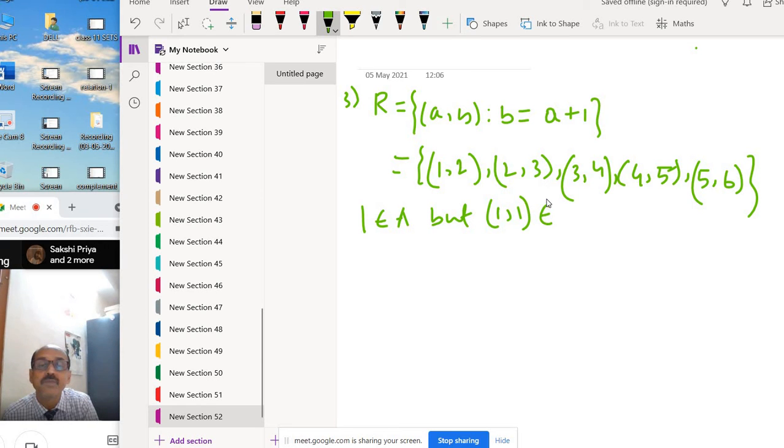So R is not reflexive. Therefore R is not reflexive.